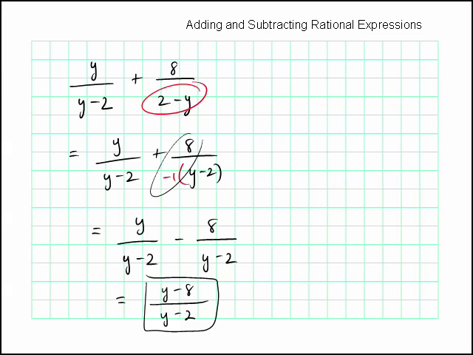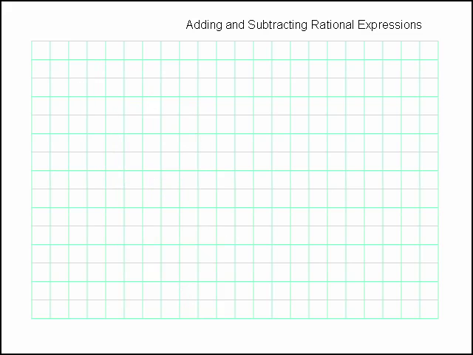Okay, let's look at this one here. We've got 3 over x minus 2 plus 5 over x minus 6 over x squared minus 2x.